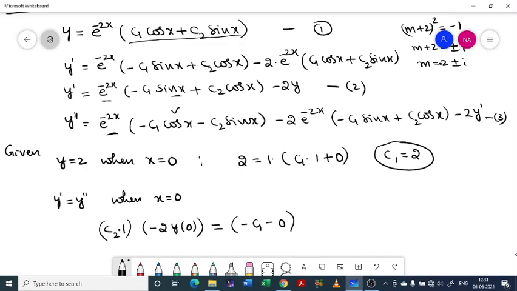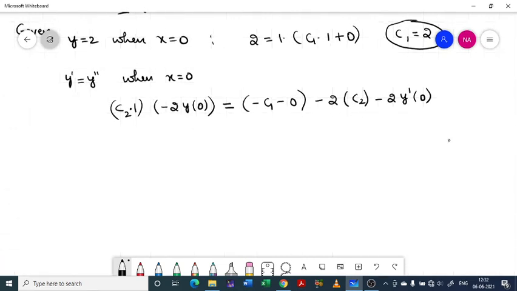Now come to this, minus 2 into this 0, and it will be c2 minus 2 y dash of 0. So it will be actually c2 into 1 minus 2 y of 0 is 2. See, when x equal to 0, y equal to 2, right?